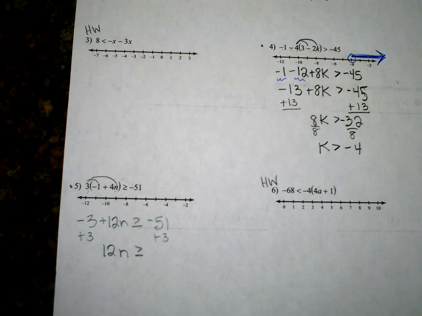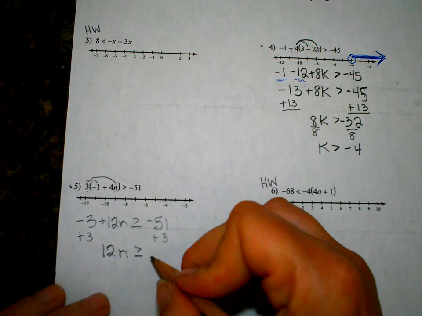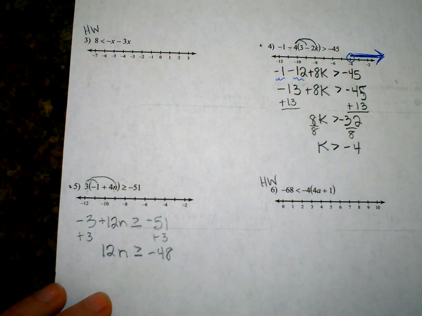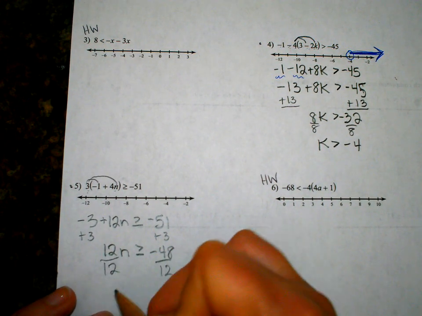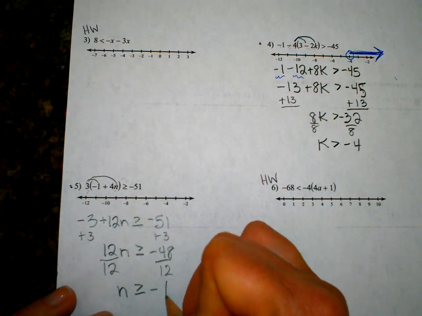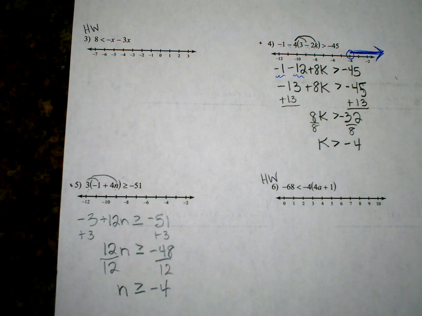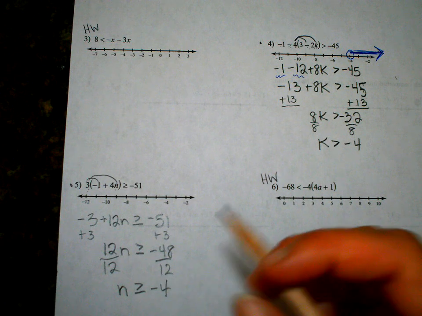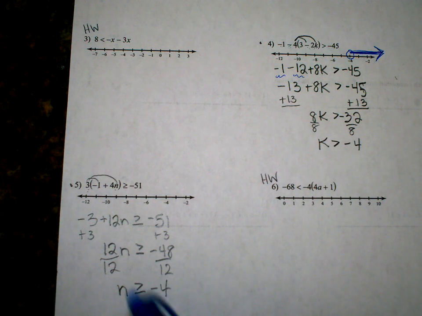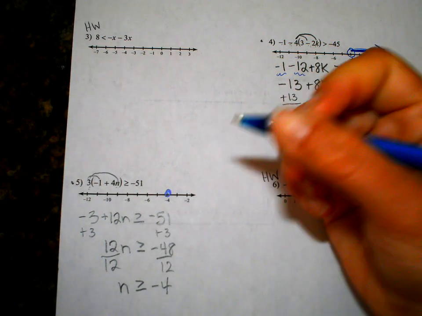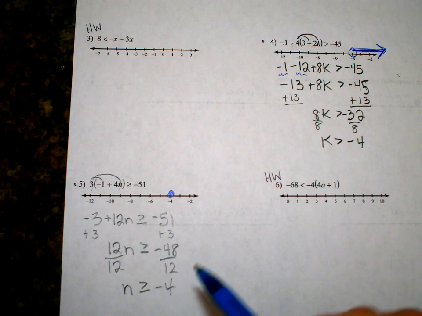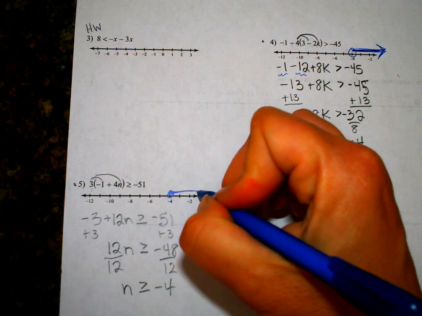Negative 48. Divide both sides by 12. Greater than negative 4. Okay? Okay, go to negative 4. This is a closed circle. Greater than. Bigger to the right.